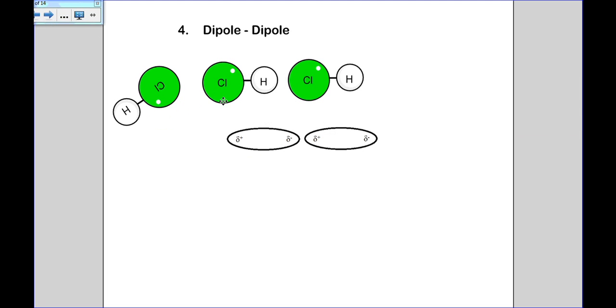So the chlorine side is slightly negative and the hydrogen side is slightly positive. So if another HCl molecule comes nearby, the chlorine, which is negative, will be attracted to the hydrogen side, and we get a dipole-dipole interaction forming where they are connected.